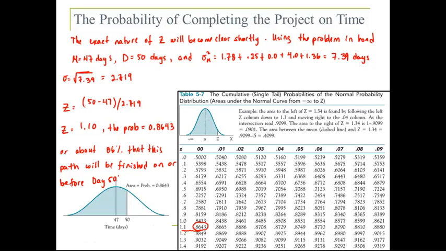Okay, so for that path, we can tell there's an 86% probability that we can finish that before day 50.